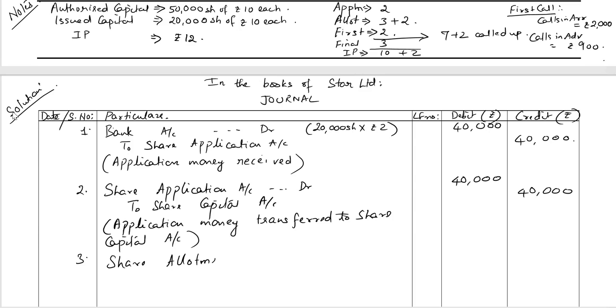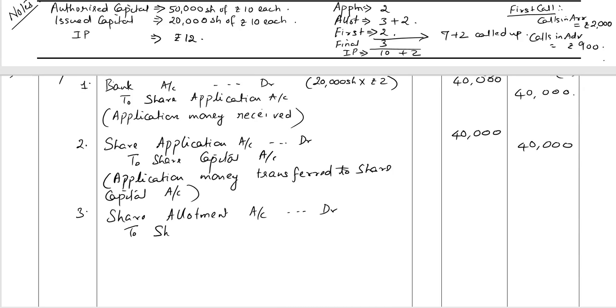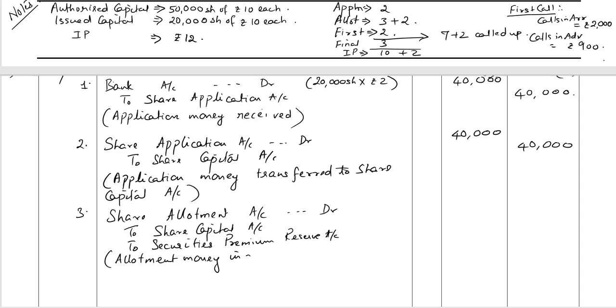Share allotment account debit to share capital account, to securities premium reserve account for allotment money including premium due.